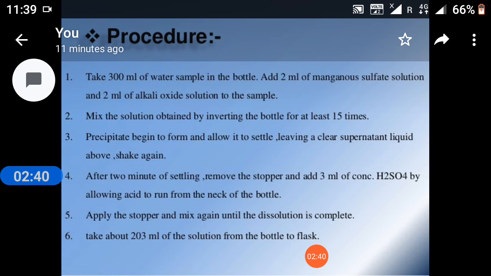When the precipitate has settled at least 3 cm below the stopper, introduce 1 cm cube of concentrated sulfuric acid well below the surface. Replace the stopper and carefully mix until the precipitate disappears.